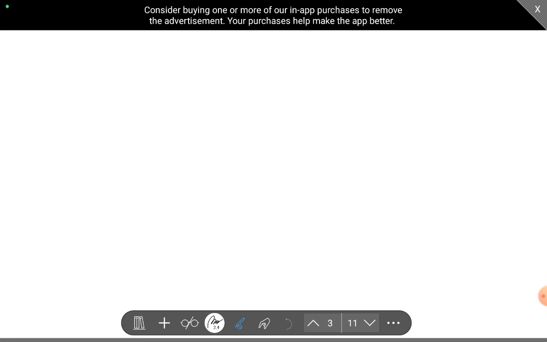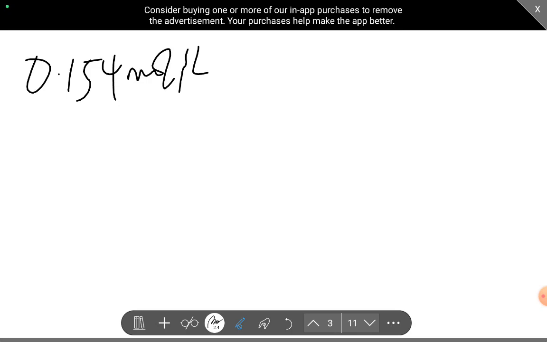So I said what we are getting for our molarity is about 0.154 mole per liter, which converted to millimole per liter gives us 154 millimole per liter. But this is in terms of mole.